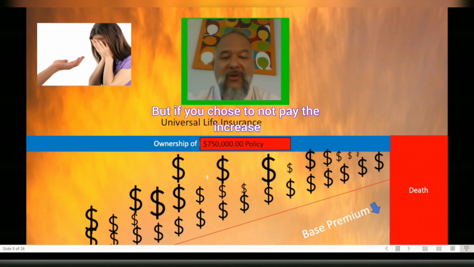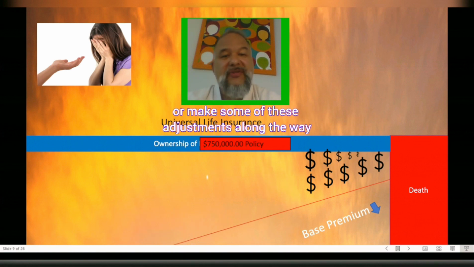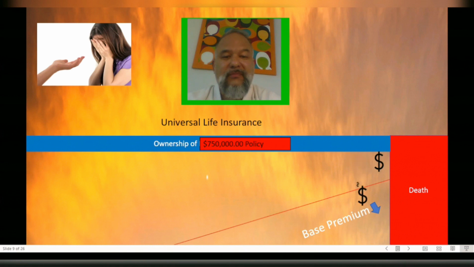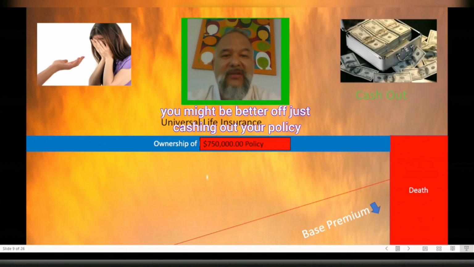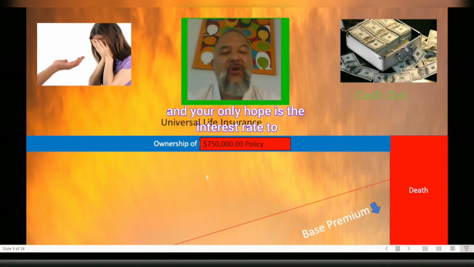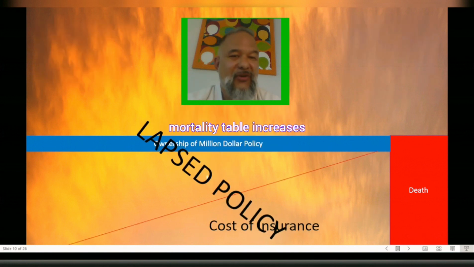But if you chose to not pay the increase or make some of these adjustments along the way, you might be better off just cashing out your policy. If you wait too long and your only hope is for the interest rate to adjust back upward, you could be fooling yourself, and a policy like this could lapse due to mortality table increases.